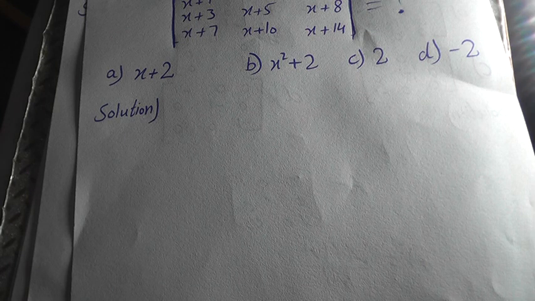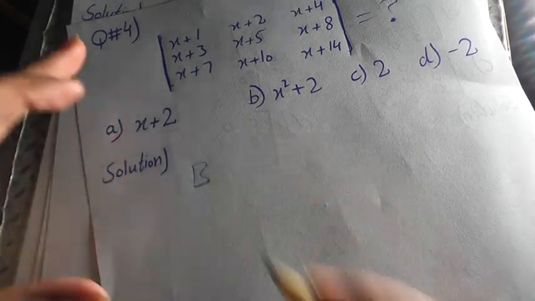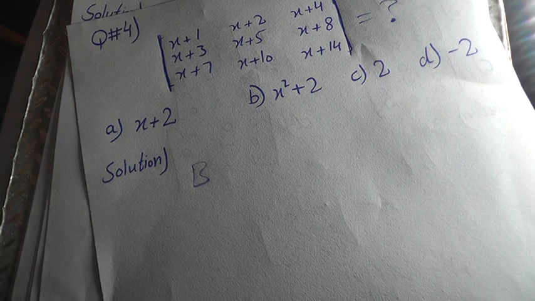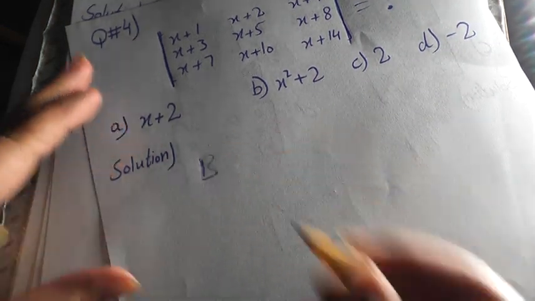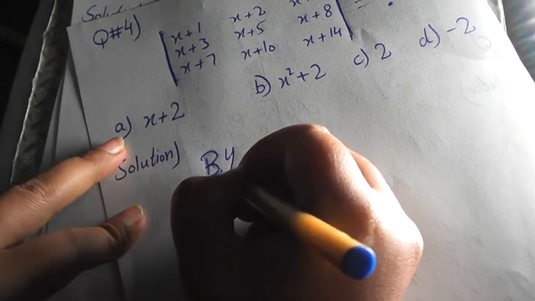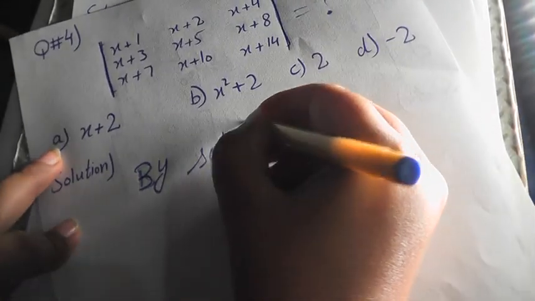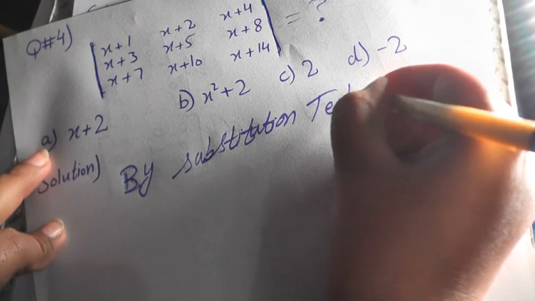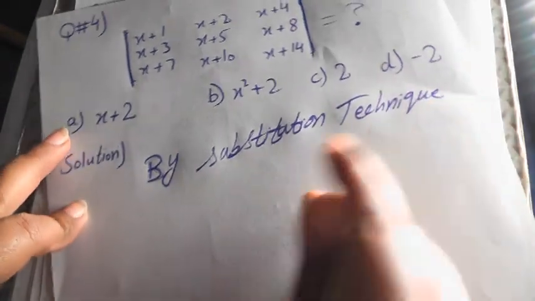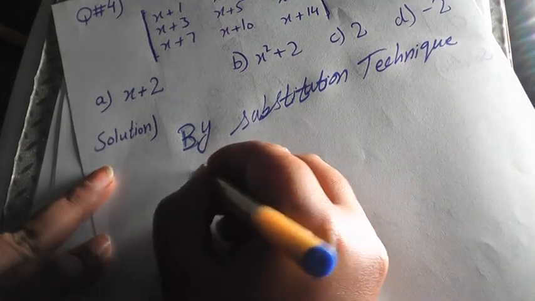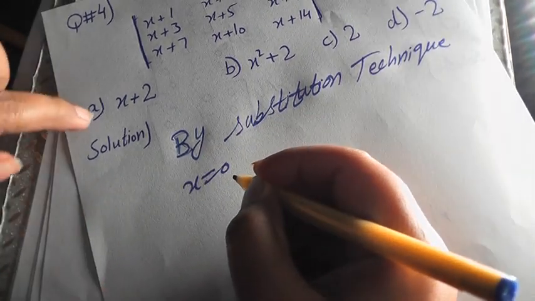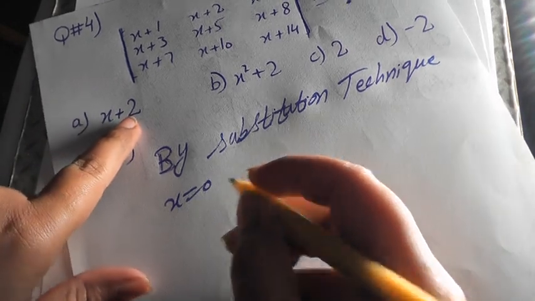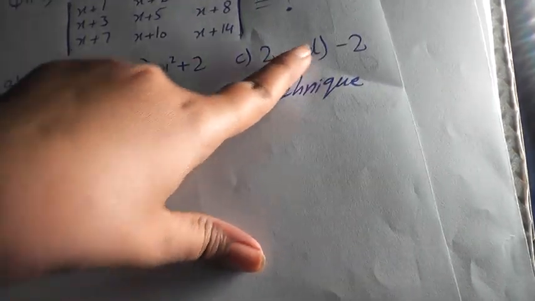We will use the substitution technique. We will take x is equal to 0. If we use x is equal to 0 in the given matrix, then with this option it becomes 2, this is also 2, this is also 2, and -2.